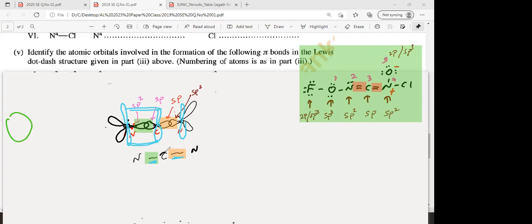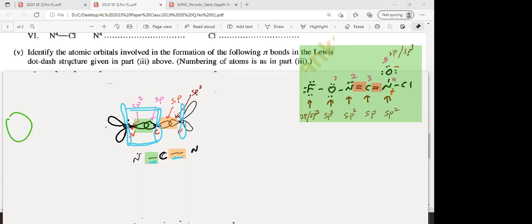Otherwise I can just give the answer, but you should know sigma bonds are linear, pi bonds are perpendicular. Double bond means the other pi bond, right? So they are perpendicular to each other. So how to write the answer? Now I'll erase this one.